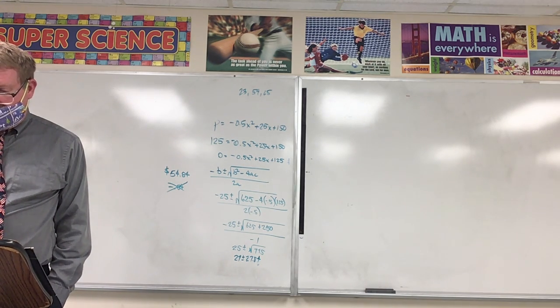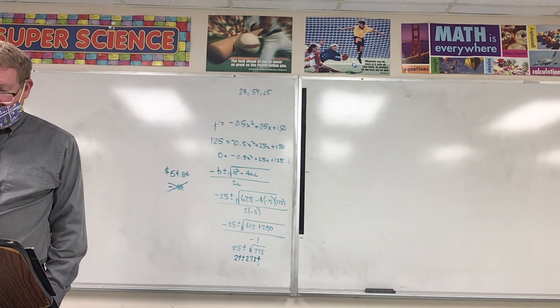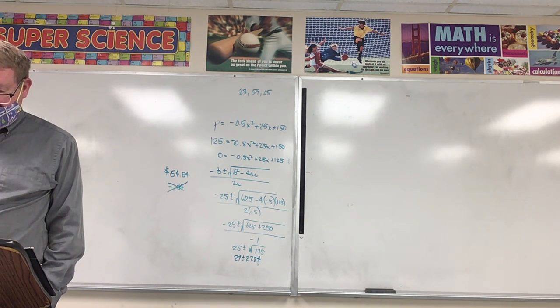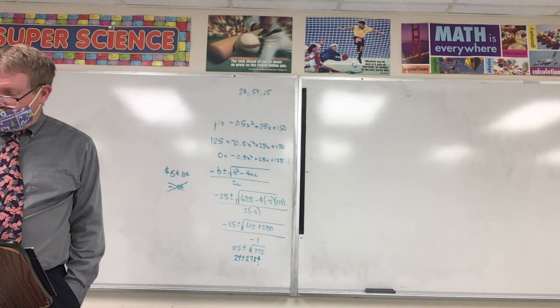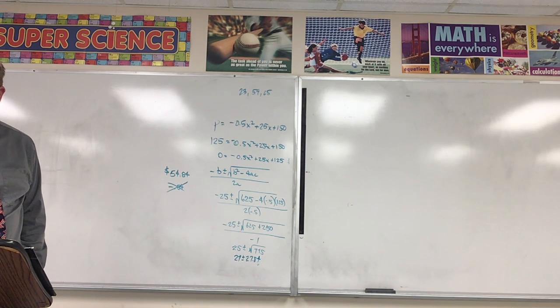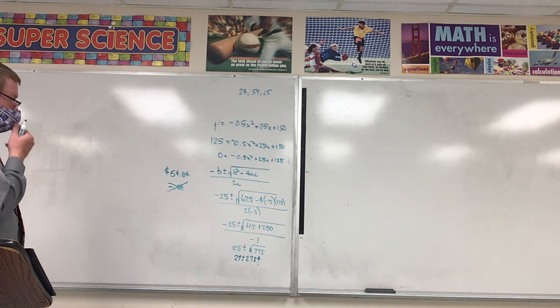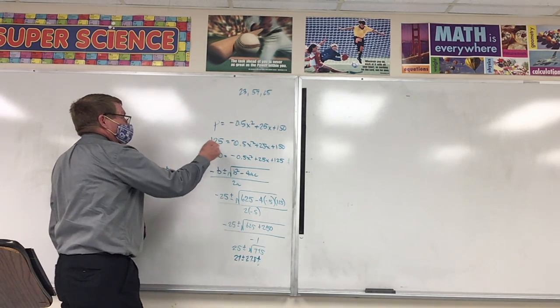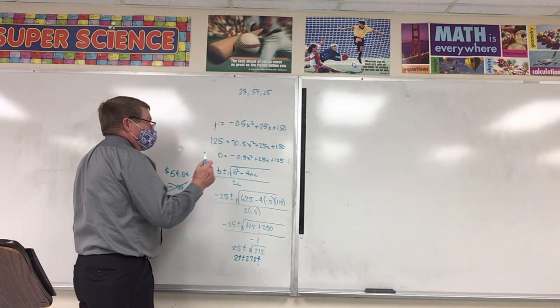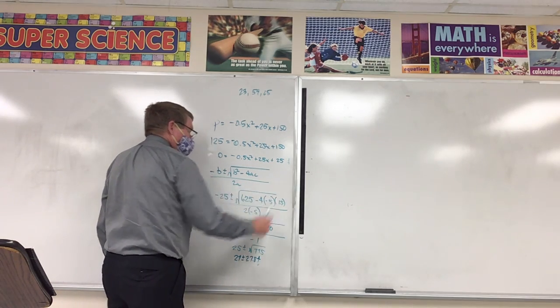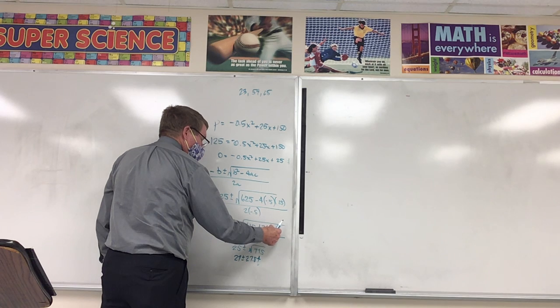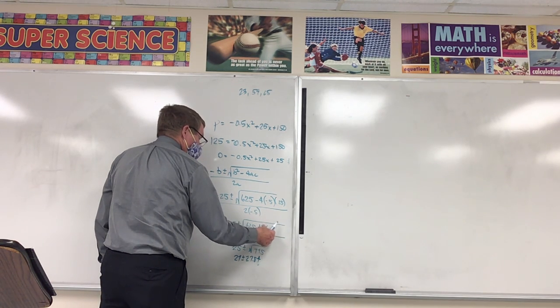Go back to problem 2. I did something wrong here. So 125, take that over as 125. No, that is 25. That is going to be wrong. This is going to be 50.